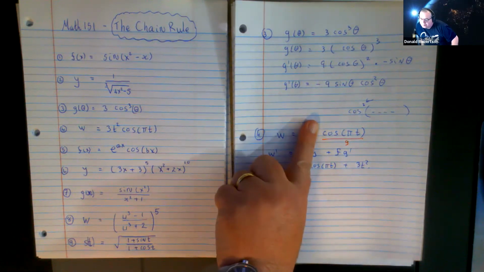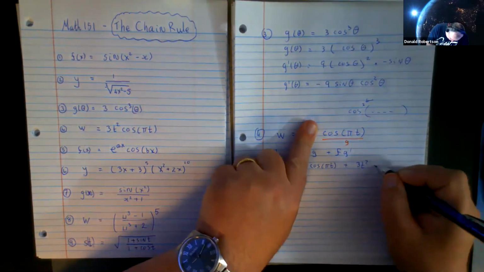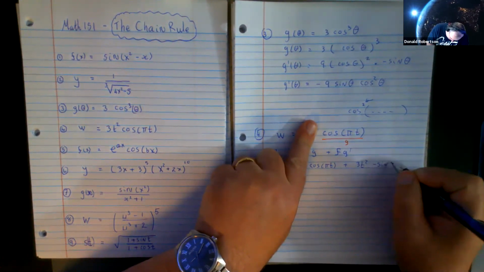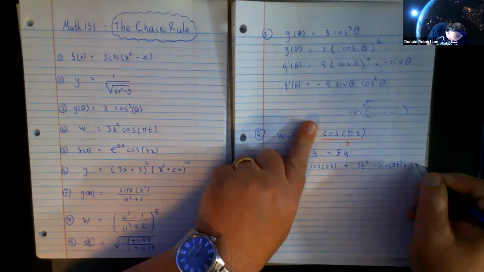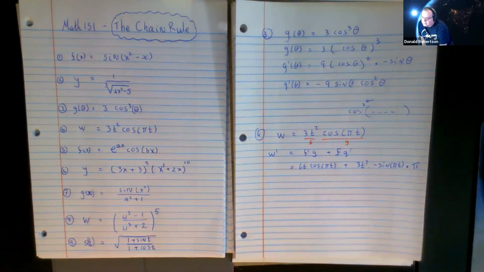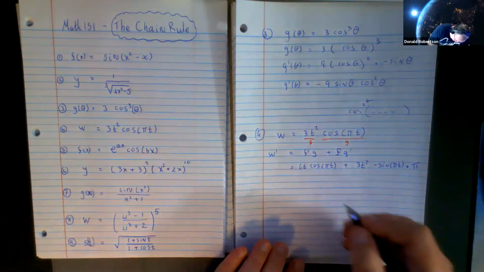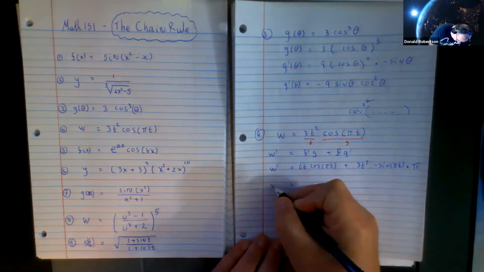The cosine of pi t is a chain rule. It's the cosine of something. So when you differentiate the cosine of something, you get negative the sine of the something times the derivative of the something. Are you all happy about where that times pi is coming from? It's the derivative of pi t. And now we're into style points.